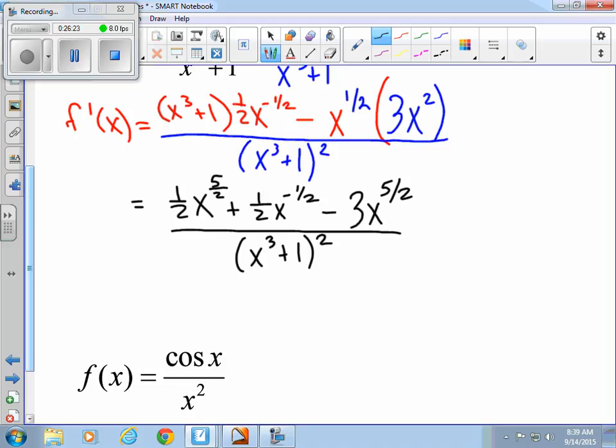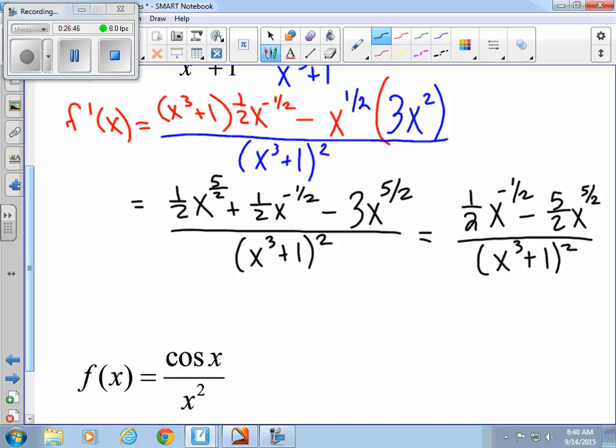And then I can combine the two things that have the 5/2 exponent. 5/2 x to the 5/2. Now, we could simplify this all day long.